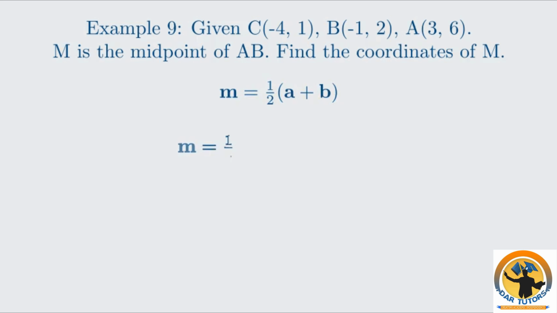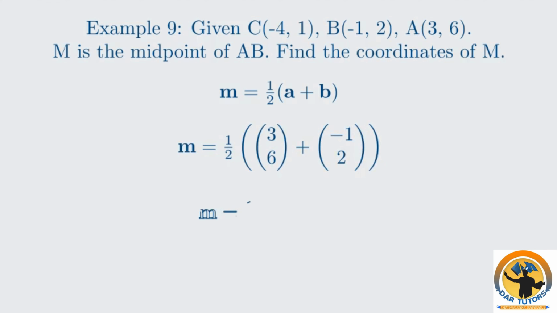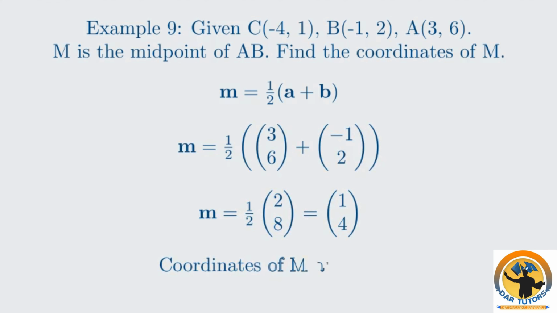Substituting the position vectors, we get m equals 1/2 times the vector (3, 6) plus the vector (minus 1, 2). Adding the vectors inside the parentheses gives us (2, 8). Multiplying by 1/2, we get the vector (1, 4). Since the position vector of M is (1, 4), the coordinates of the midpoint M are (1, 4).